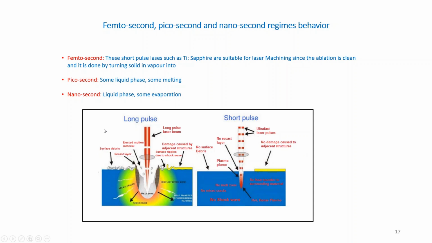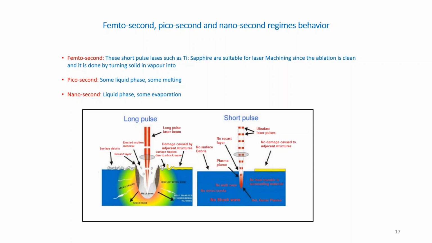But when you use a longer pulse, a nanosecond pulse, or maybe hundreds of picoseconds, then you create a shock wave, you damage adjacent structures, you eject molten material, you create surface debris. So much more is damaged when you use longer pulses.